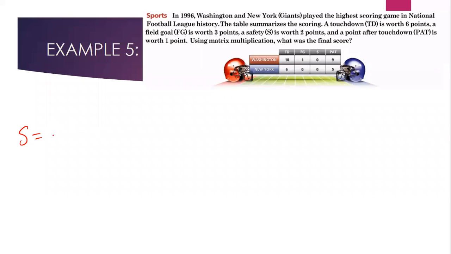Points, right? It's going to be our points times the value of the points. So how many points they got times what the value of the points are. And that's going to tell us our score. Well, our points, making that into a matrix, would be 10, 1, 0, 9, 6, 0, 0, 5. That's my points matrix.